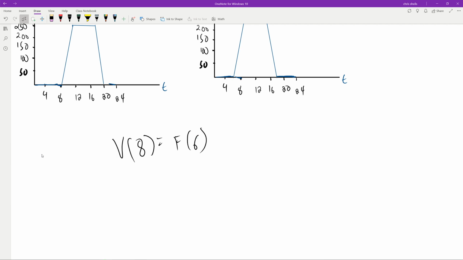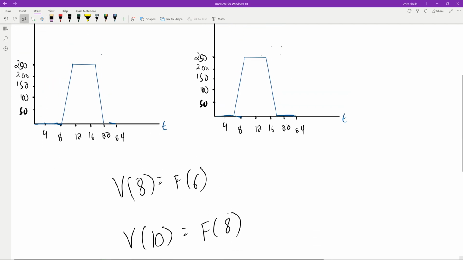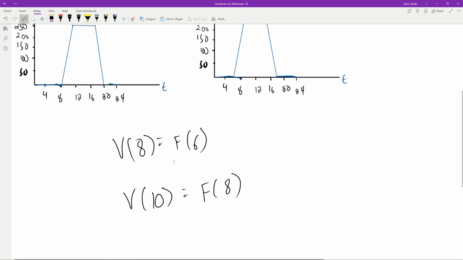Notice that v of 10 is the same as f of 8. So in both cases here, since f of t starts 2 hours earlier, the same outputs are reached when f of t is equal to v of t plus 2.